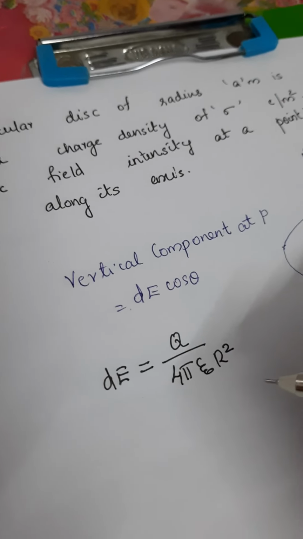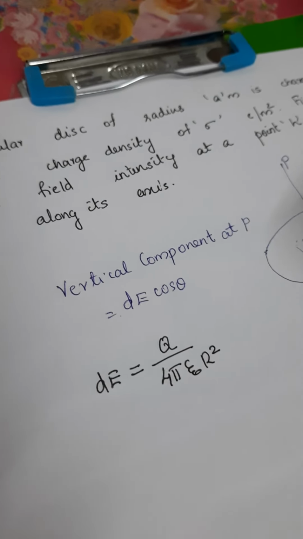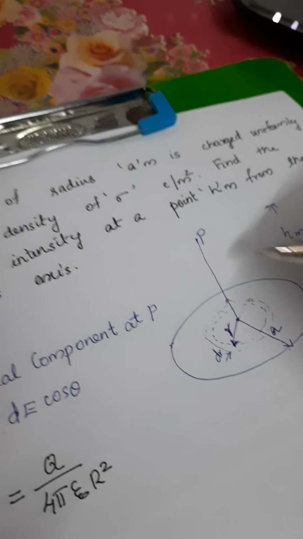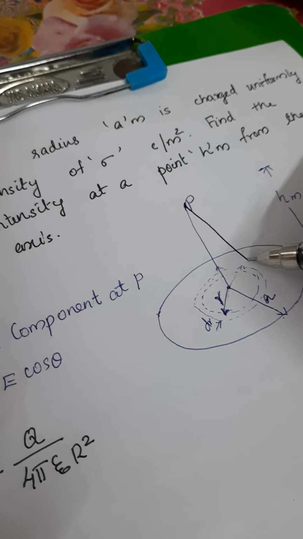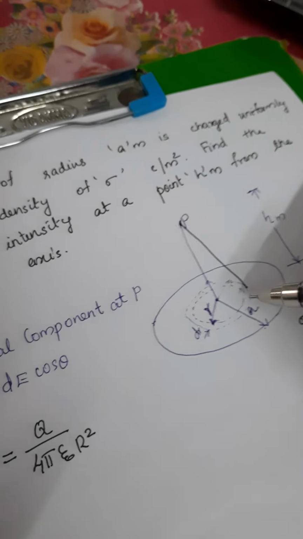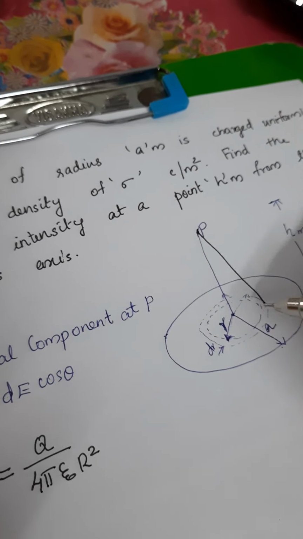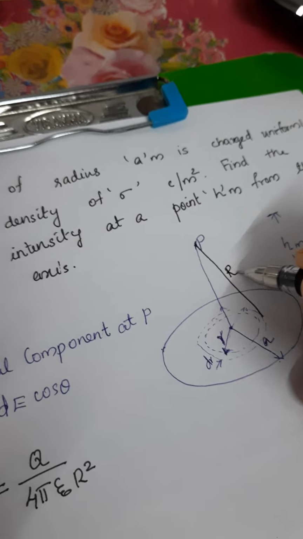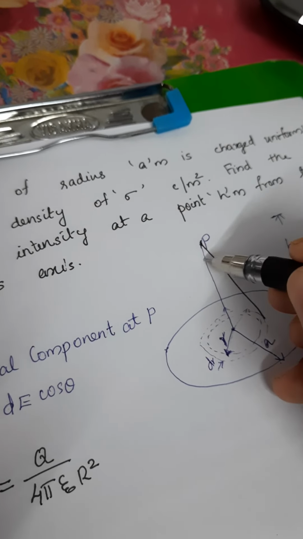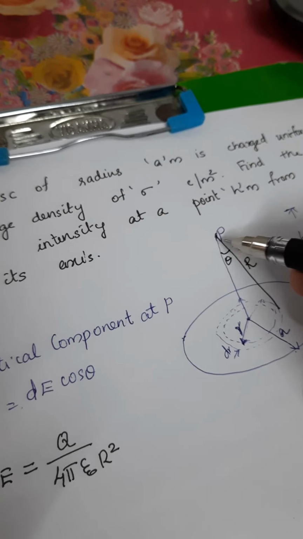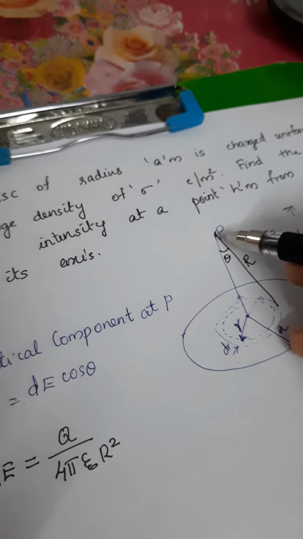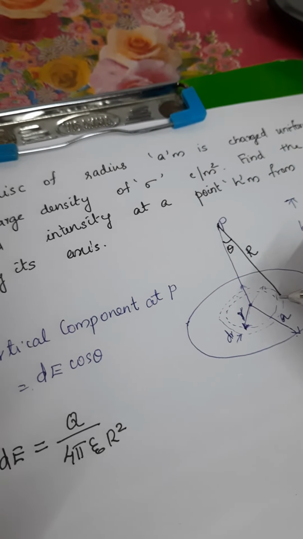Here we can consider the distance from this point P to this circular ring, that this distance is r, and this angle we can take as theta. This distance r is from this point to this small ring.